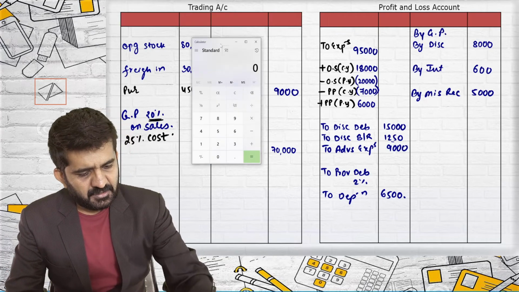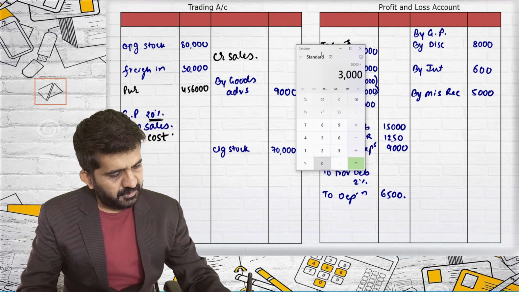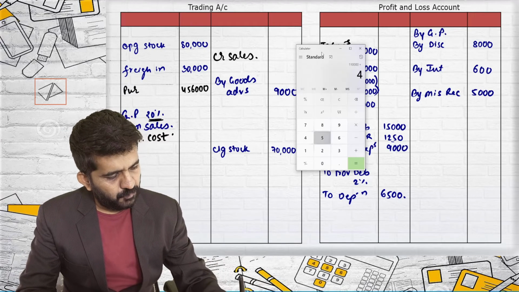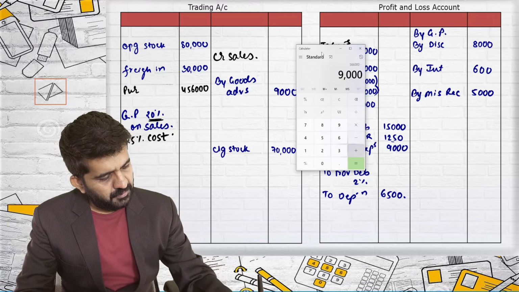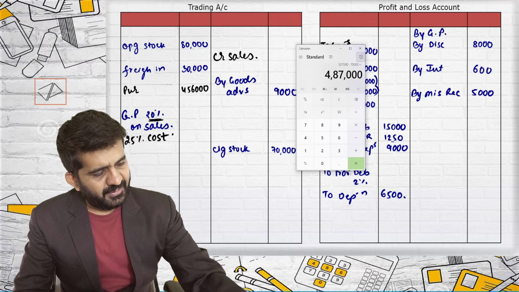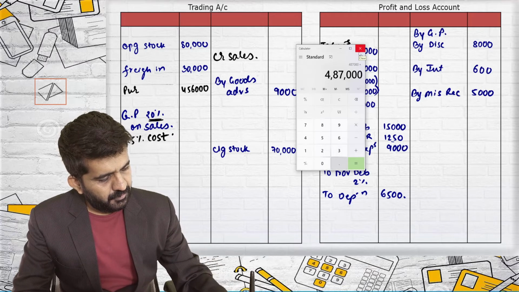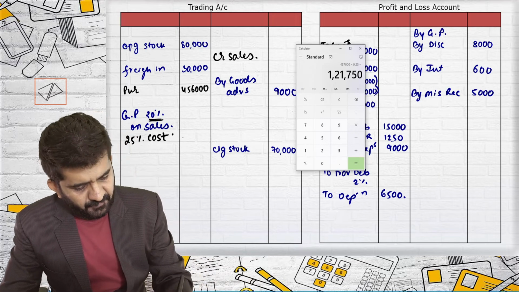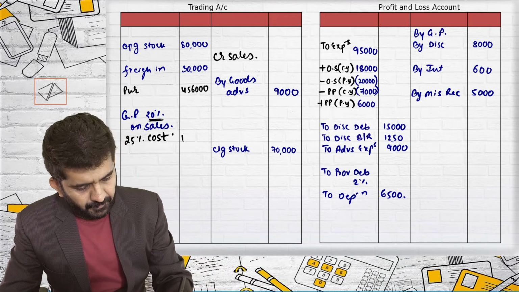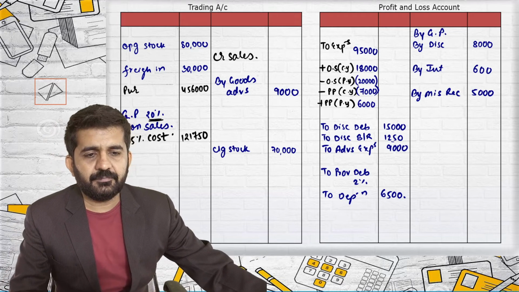What is my COGS? 80,000 plus 30,000 plus 4,56,000 minus 9,000 minus 70,000, which is 4,87,000 into 25%, which is 121,750. 121,750 will be your GP.